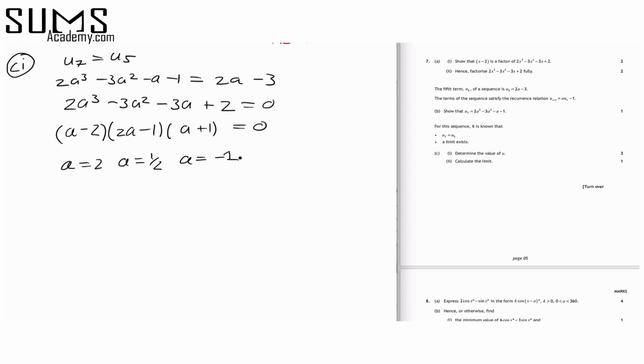So now we need to decide which is the value for a. Well, we know that since a limit exists, a is going to be 1/2, because the absolute value of a must be a proper fraction, and it must lie between -1 and 1.